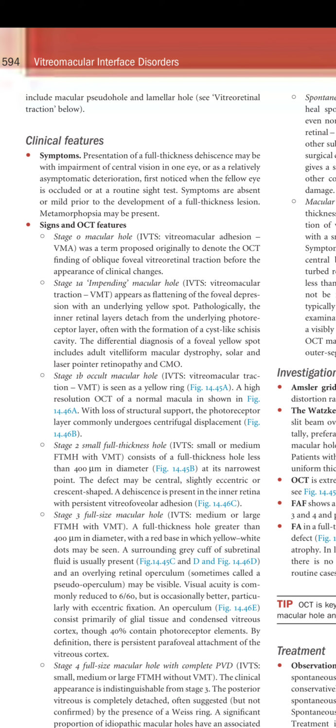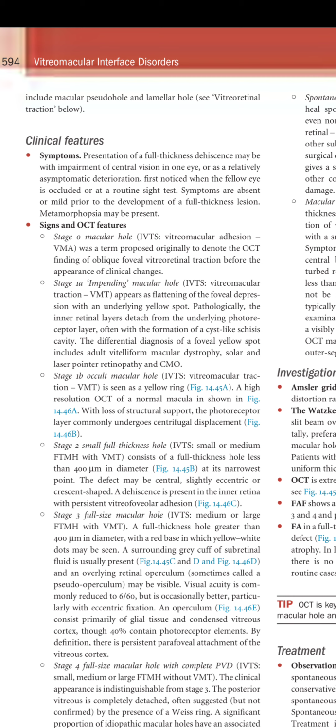So clinical features: the presentation of a full thickness dehiscence may be with an impairment of central vision in one eye, or as a relatively asymptomatic deterioration first noticed when the fellow eye is occluded or at a routine sight test.